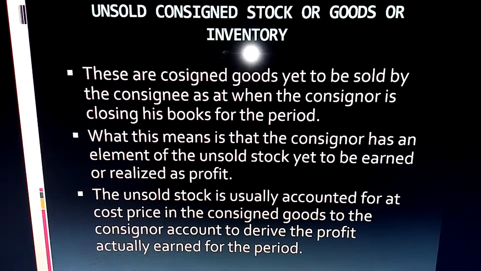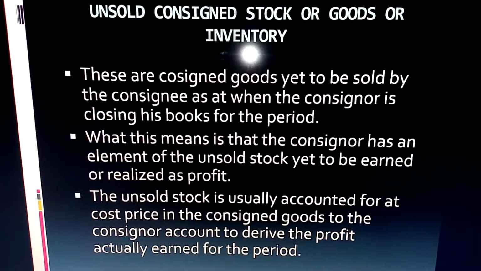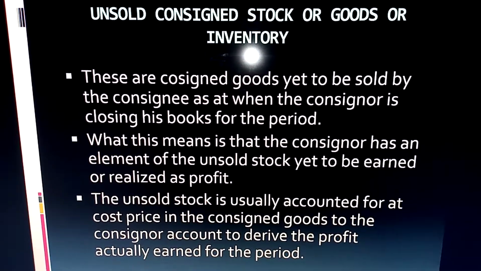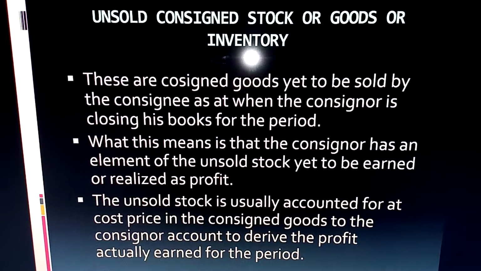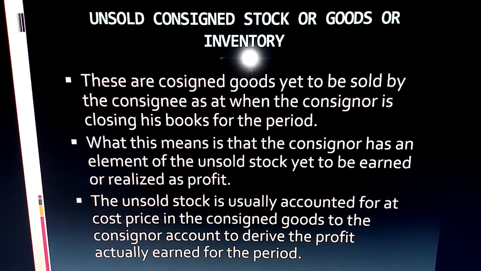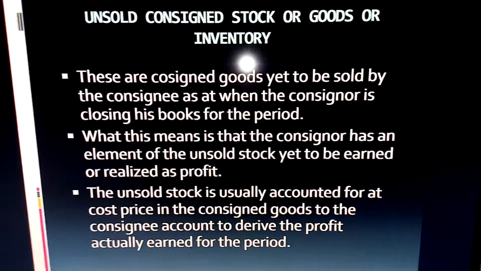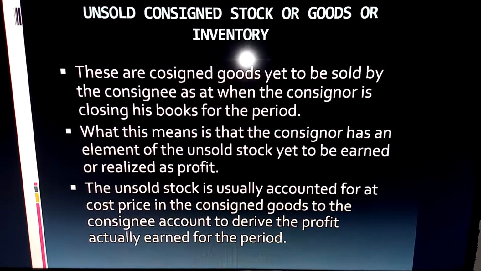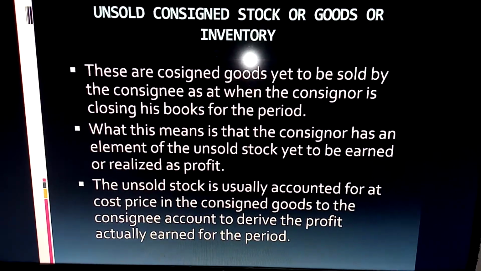So what we do here is that once there are unsold stocks, we adjust for it at the cost price in the goods consigned to the consignee's account, I beg your pardon, to derive the profit actually earned for the period.